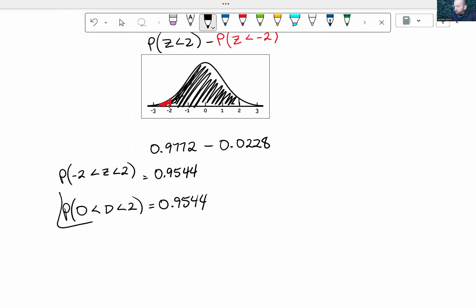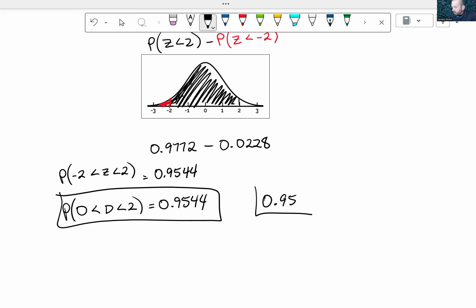And I believe our problem wants us to round it to the nearest hundredth. So make sure if you're typing it in, it's 0.95, I believe, when we round that to the nearest hundredth. Okay. So again, hopefully that was some good review on the z tables, and also a good new lesson on how we're adding the variances in order to find the standard deviation of the differences.